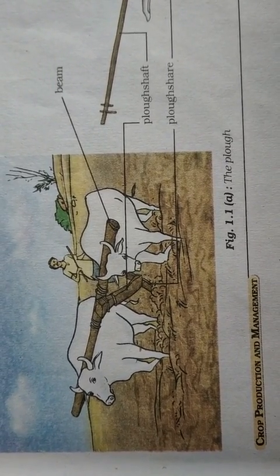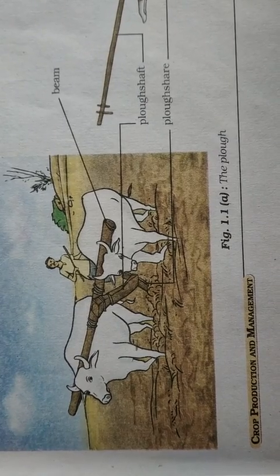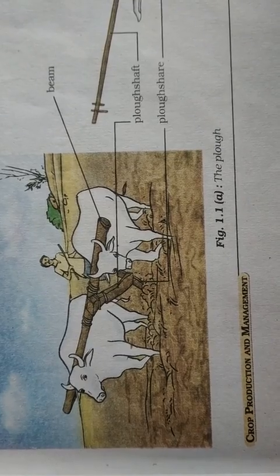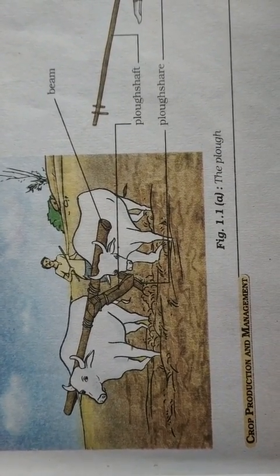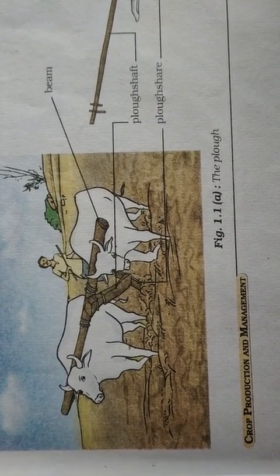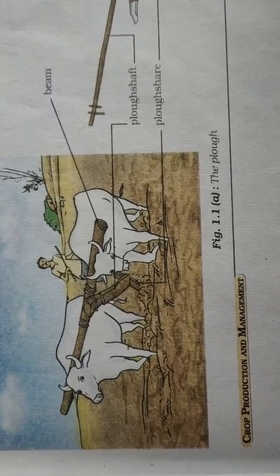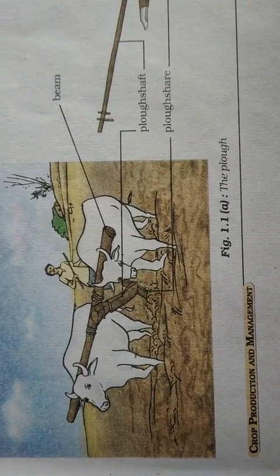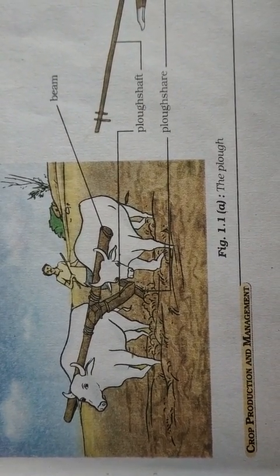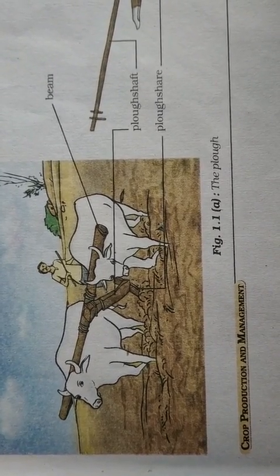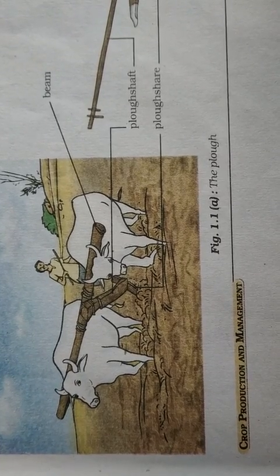In that, we are going to use many agricultural implements. Before sowing the seeds, it is very necessary to break the soil to the size of the grains to get a better yield. This is done with the help of various tools.